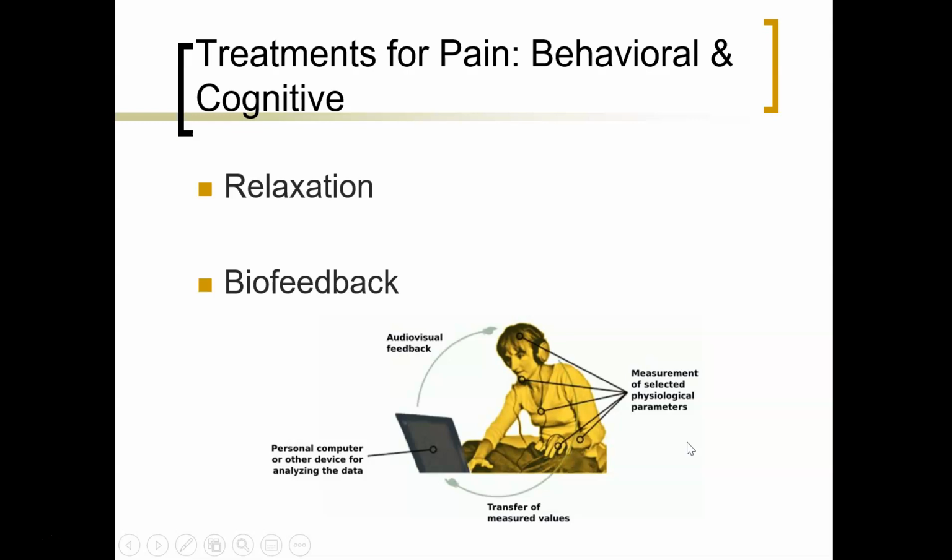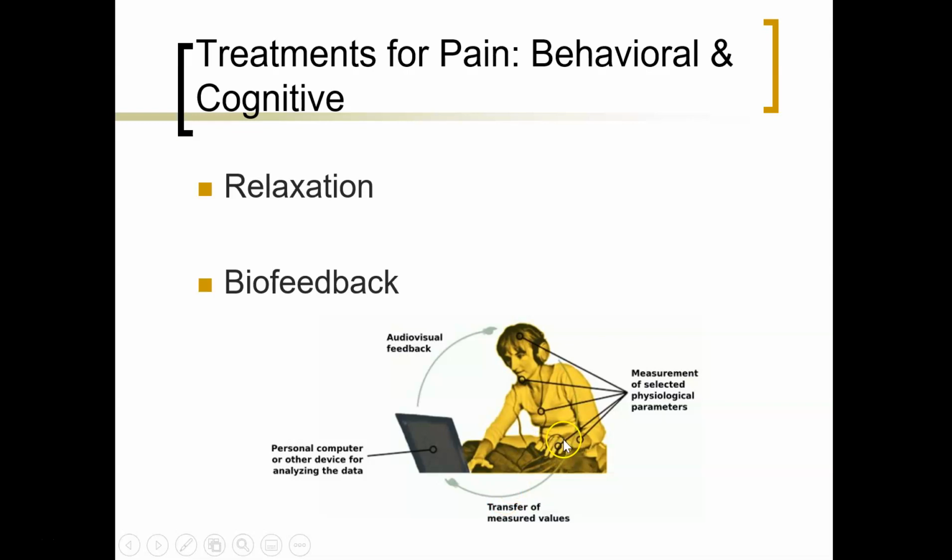So for tension headache or migraine headache, it might be measuring muscle movement in the scalp. Might be looking at muscle movement in the face if you're just trying to get an overall relaxation response. You might be dealing with heart rate, finger temperature, or hand temperature, something that's examined for things like migraine.